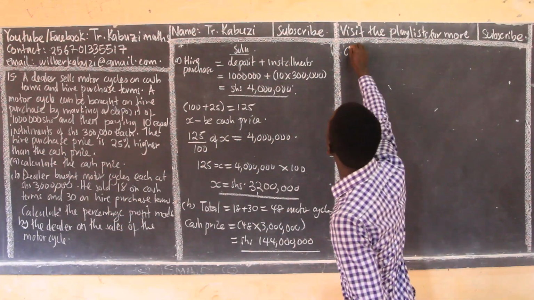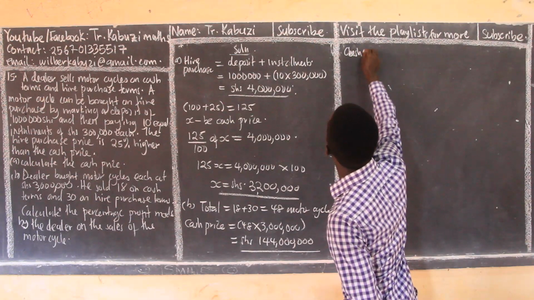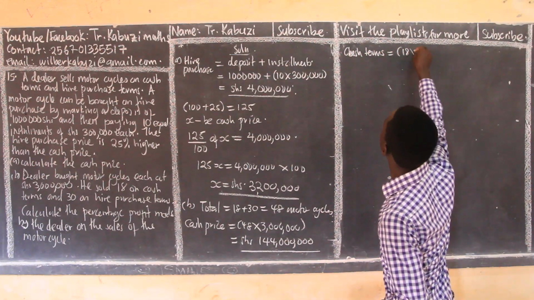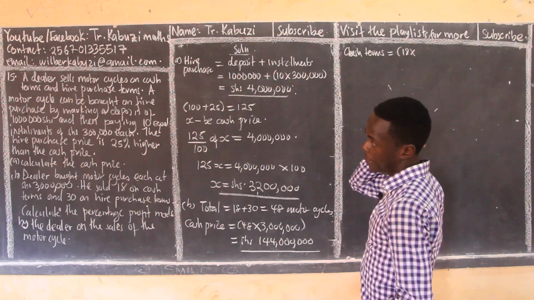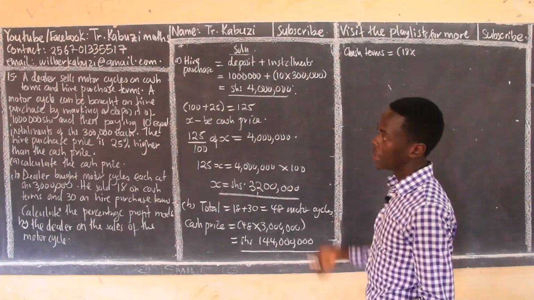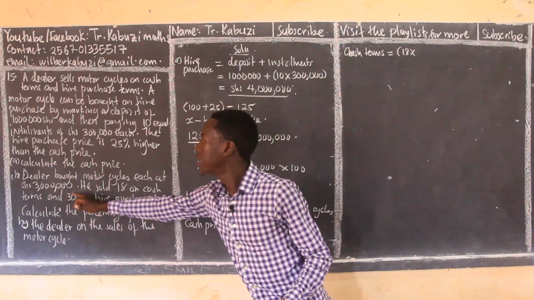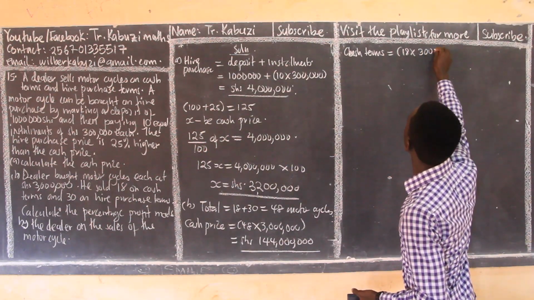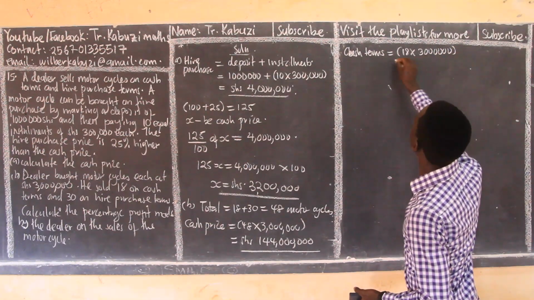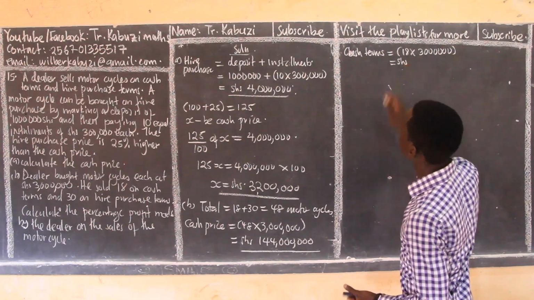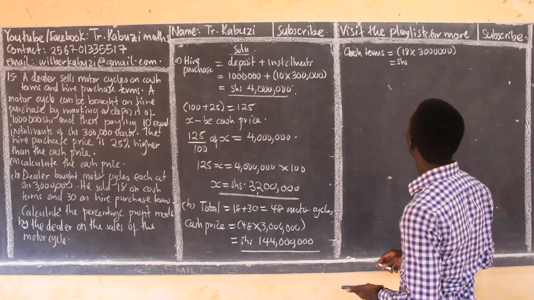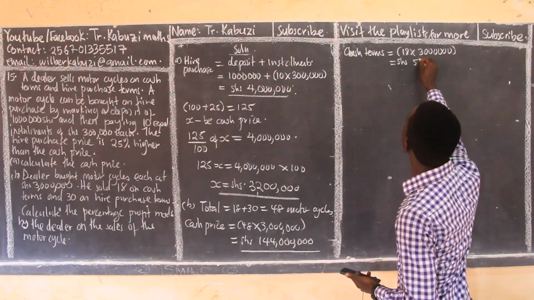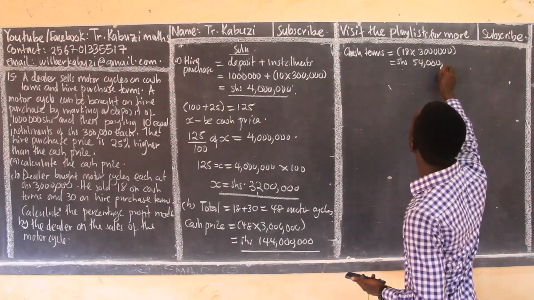Cash terms is going to be 18 times, each at cash terms is going to be 3 million. So this one gives us shillings 54 million.